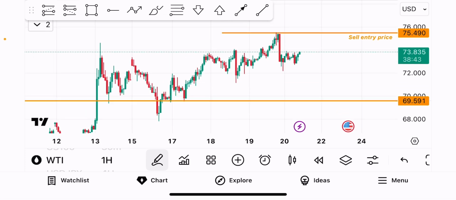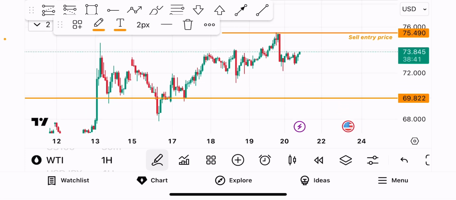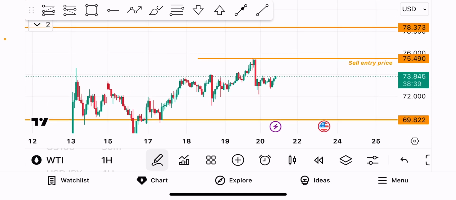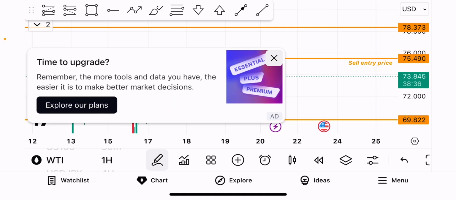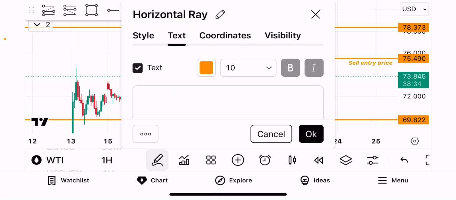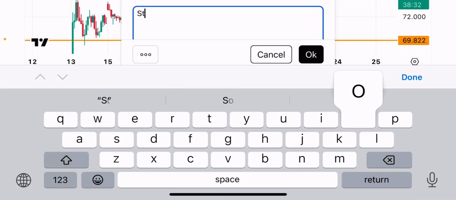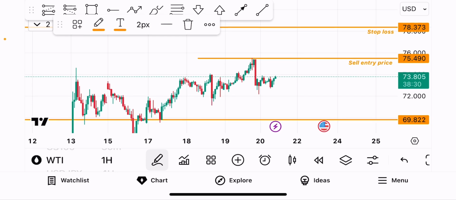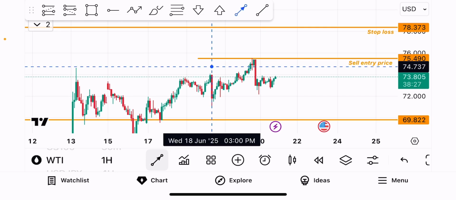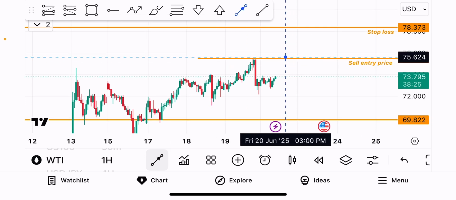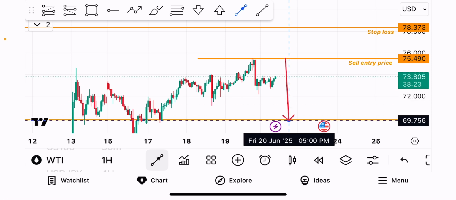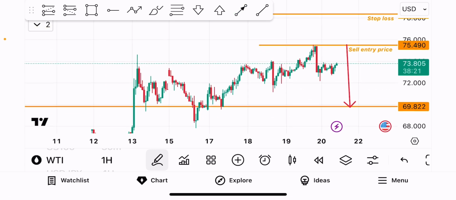Okay, so we adjust it. Here becomes the take profit level, and this weekly pullback resistance here becomes our stop loss area. So this is what today's analysis looks like. All right, so let's now monitor the market and see how it reacts.